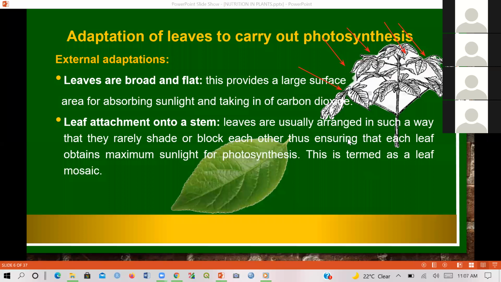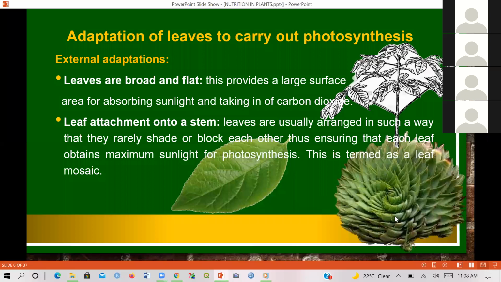Then also, look at this plant. Are you seeing that beautiful arrangement of those leaves? Now, it is not that this plant wants to look beautiful, no. The main aim is that each leaf has access to light.